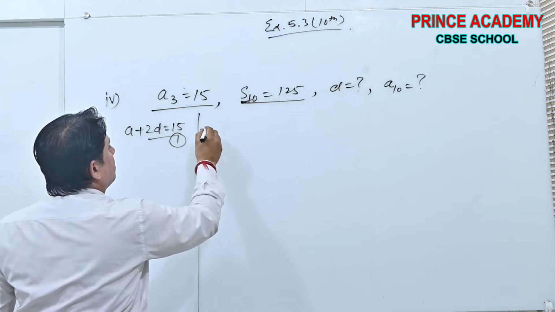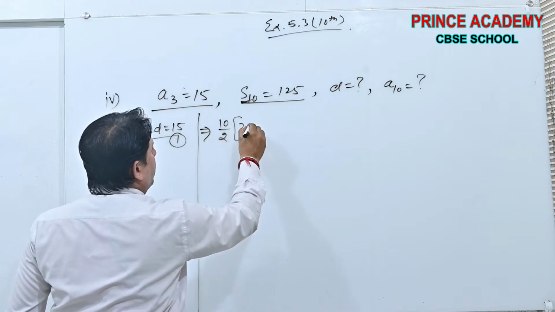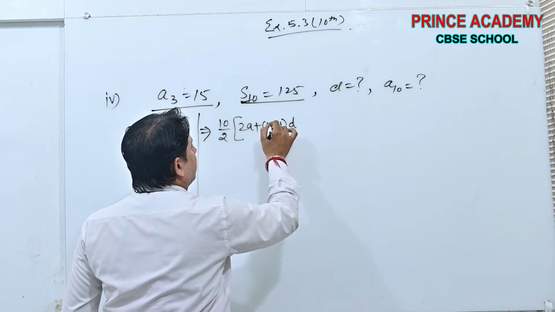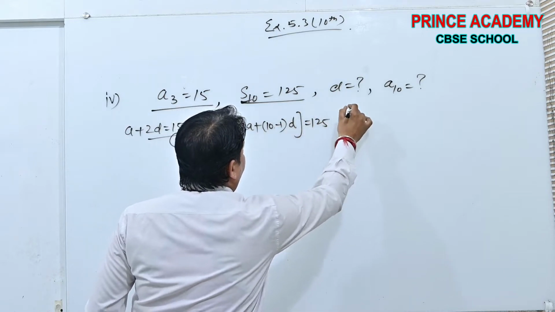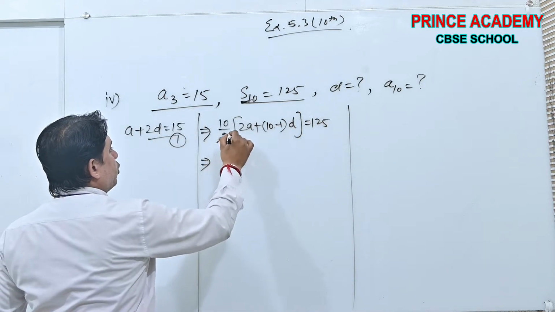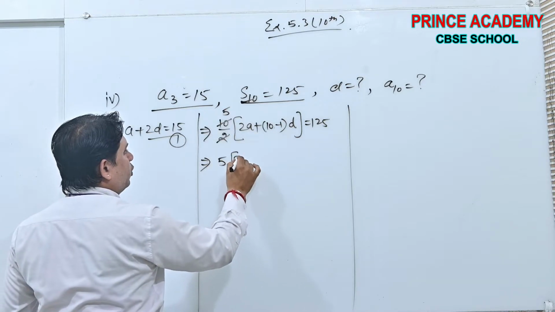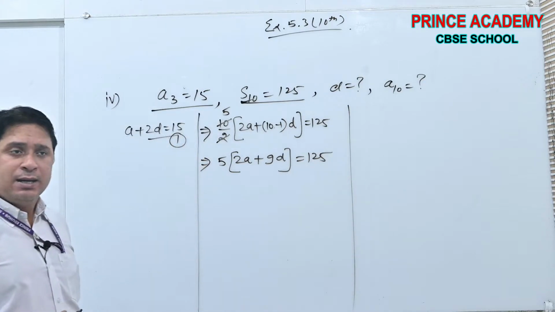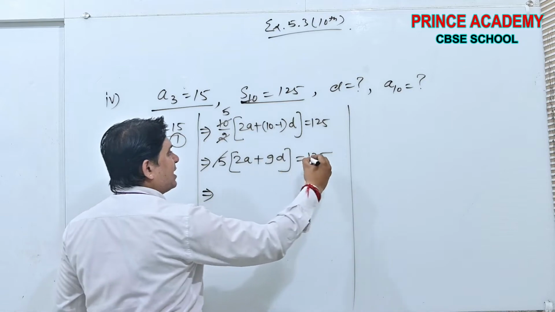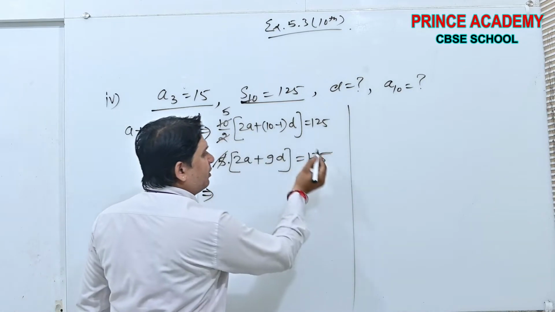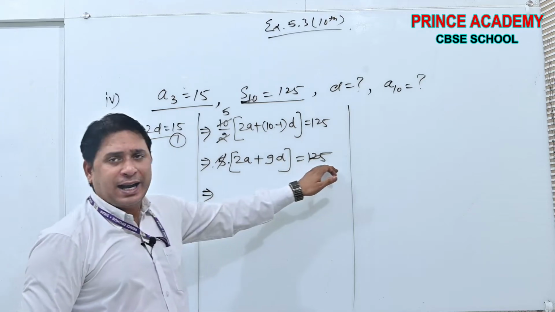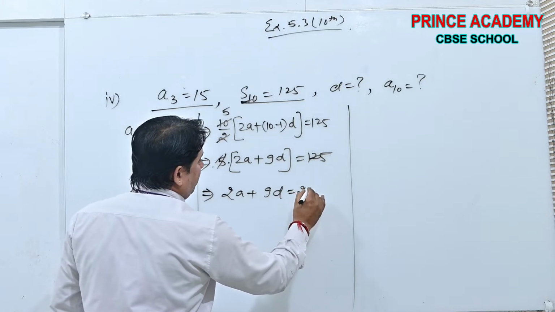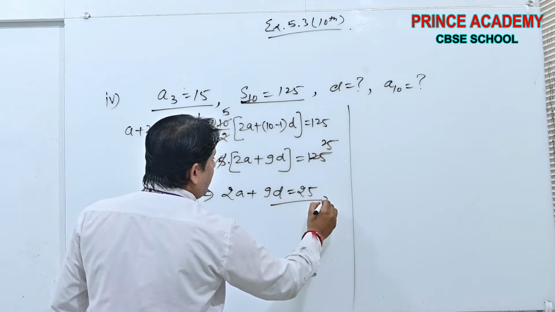S10 is n by 2 into 2A plus n minus 1 into D, and n is 10, is equal to 125. Okay beta, now see. 2 cancels this. 5 into 2A plus 9D is 125. Done. Now 5 cancels this, because this is into 5, it will shift to the other side and divide, and it will cut the 125. 2A plus 9D is 25. Yes or no? Done. This is second equation.